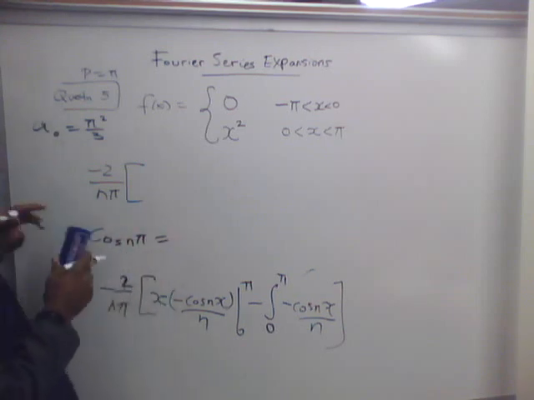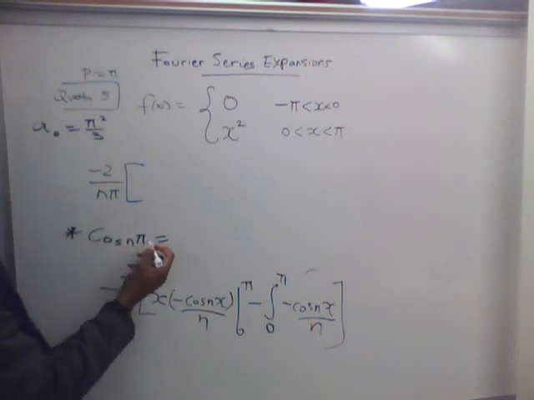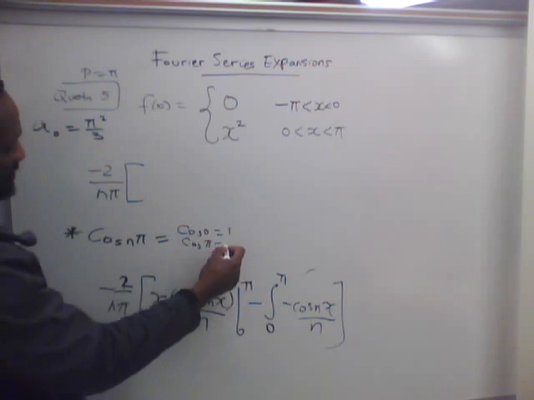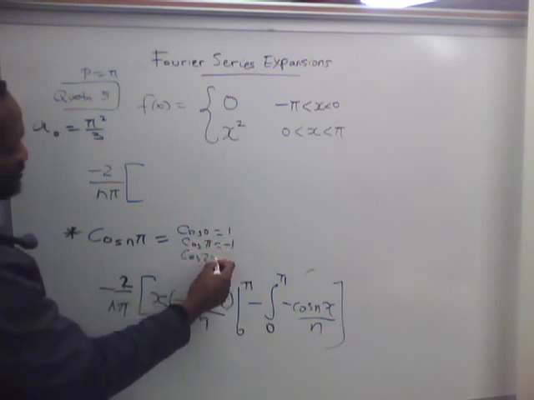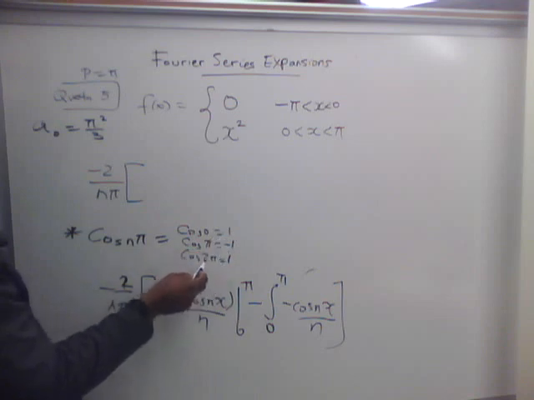note that you either get 1 or negative 1, depending on whether the integer is even or odd. So for example, cosine 0 is 1, cosine pi is negative 1, cosine 2 pi is 1, etc. So for even n, I get a positive number.